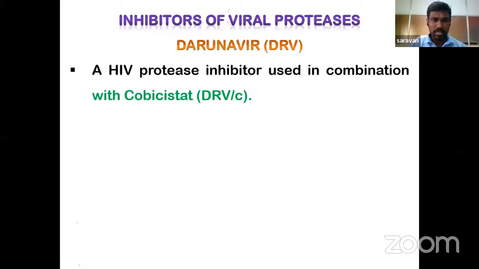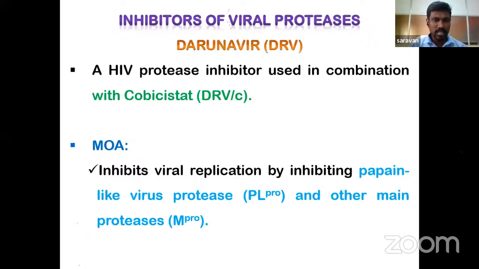The rationale for adding cobicistat with darunavir is that cobicistat is an enzyme inhibitor which inhibits the cytochrome P450 enzyme, which is involved in metabolism of darunavir, so that this combination will be available for action for a longer time. The duration of action can be prolonged by adding darunavir with cobicistat.